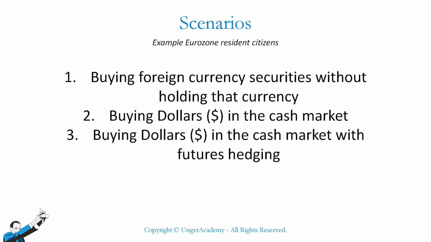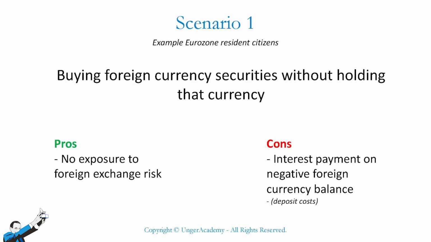The second scenario, on the other hand, involves buying dollars and then holding the necessary liquidity in the portfolio to buy foreign securities. The third and final scenario adds to point 2 a hedge using a future or other derivative instruments. I'd like to point out that for the cost analysis for each of these 3 approaches, we'll refer to the price list of one of the leading brokers available to us retail traders, and that's namely Interactive Brokers.